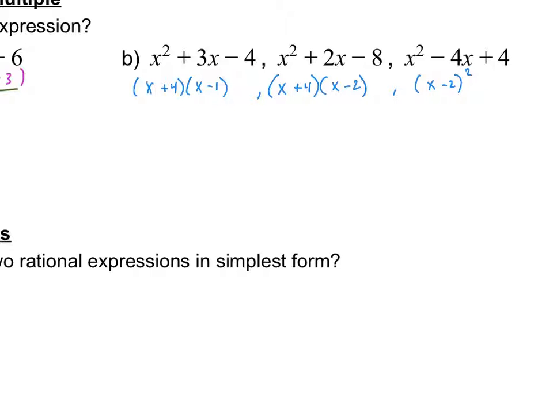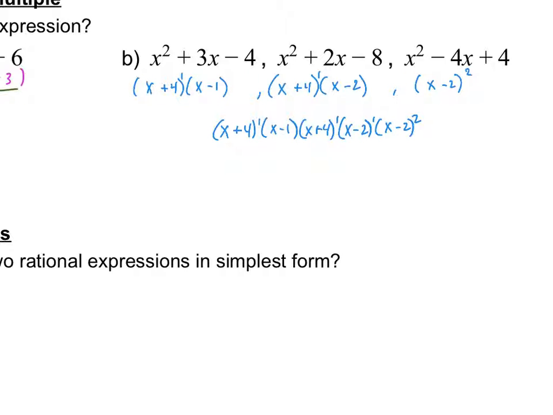And so what we do is we make a list of all our possible factors, and we have x plus 4 to the first, right? We have x minus 1, x plus 4 to the first, x minus 2, and then x minus 2 to the second.